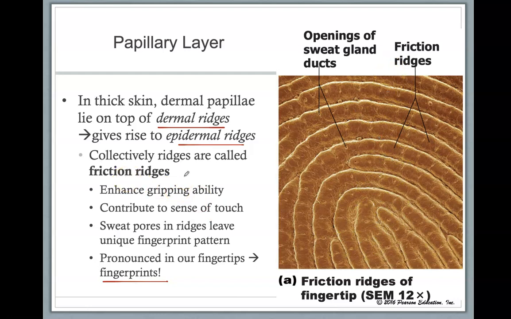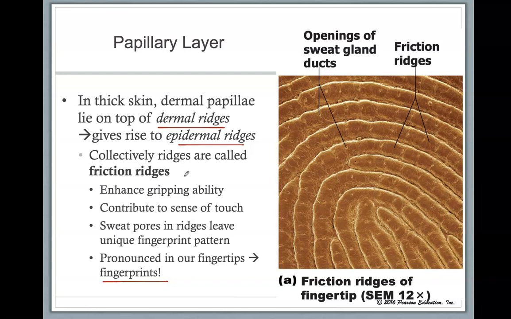Because you're increasing your surface area with this folded structure. Anytime you see anything that's folded or feathery, you are increasing your surface area. And so here you're increasing surface area for friction. Okay, and so this really enhances our gripping ability. That's why we have that on our fingertips.